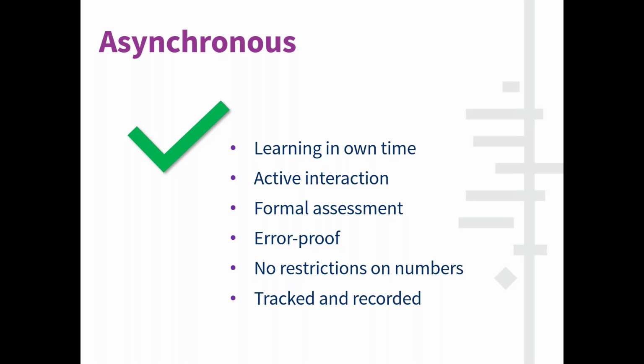There are various assets and components that foster that interaction. It's possible to have formal assessment, in that we have a set of assessment questions at the end of the module, and you can get a certificate, which we actually do for interactive learning modules. Error proof, that means that you can check and double check and triple check if needed before you launch the module, so you're really sure that everything is in place as it should be, so that there are no errors and everything's accurate.